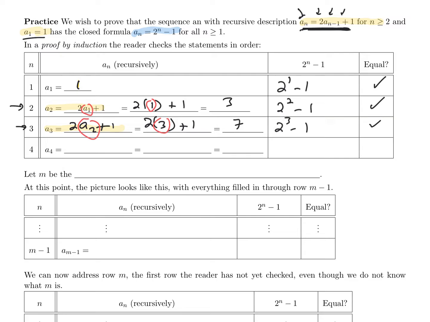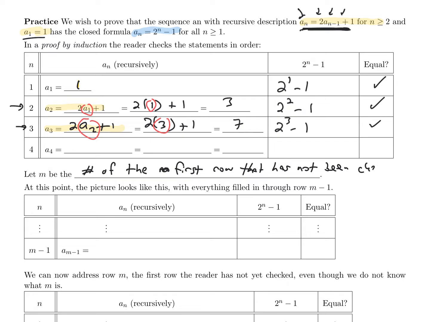But at some point, we'll be able to intercept the process and say, let m represent the row number, sorry, the number of the first row that's not yet been checked.